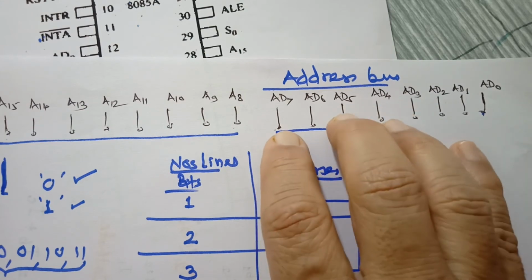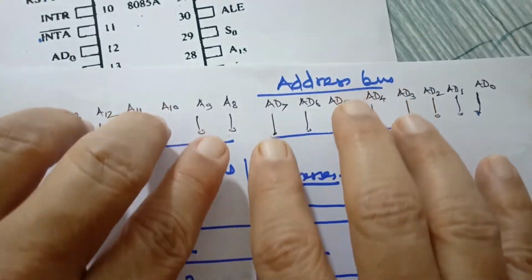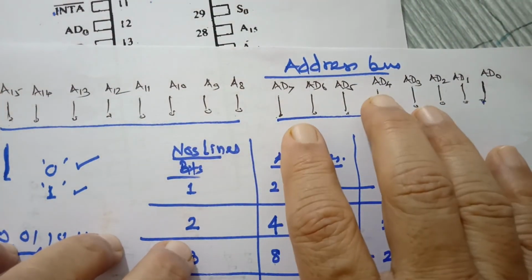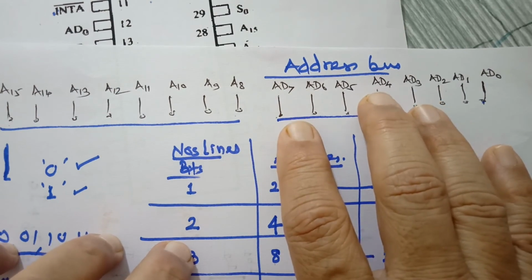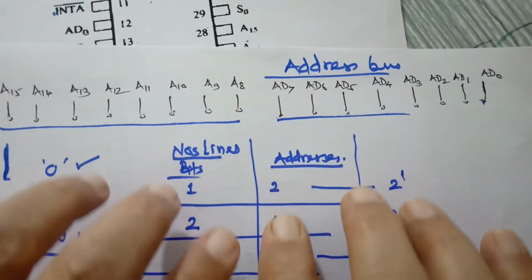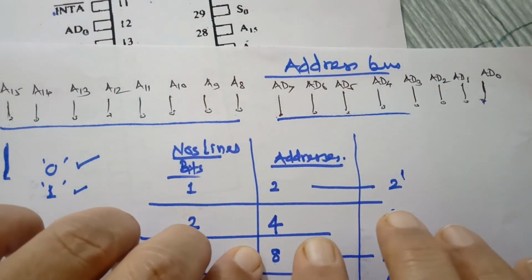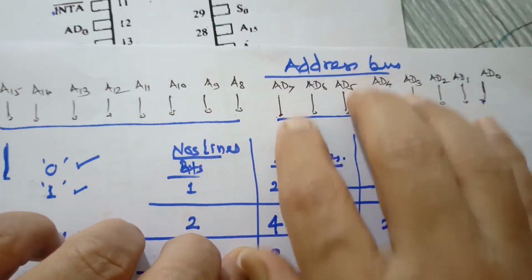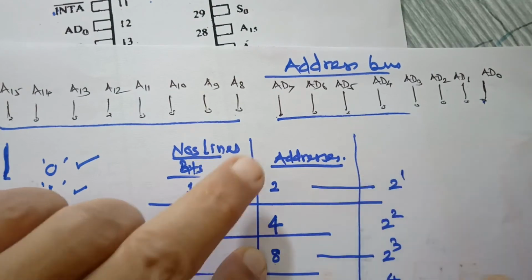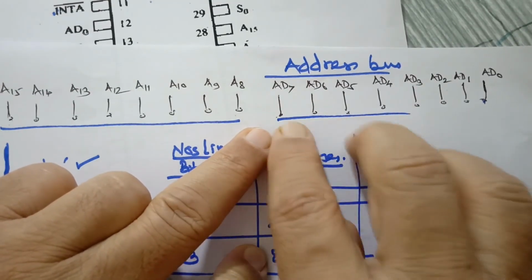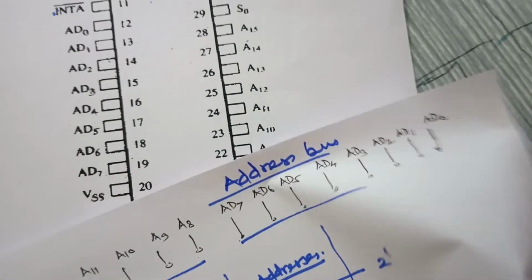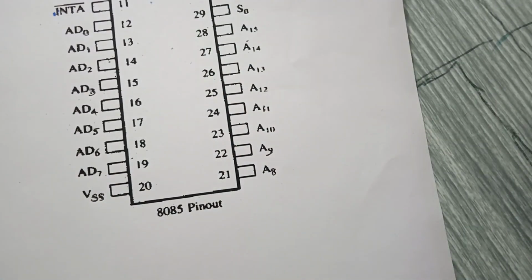That means for half the period it works as part of the 16-bit address bus, and for the later period it works as data bus. So the sequence is like this. Initially the microprocessor sends the complete 16-bit address, then that address is latched, and then these 8 lines are made free for data transmission, and that's why the name is address and data. So this is the multiplexing. This is the function of the address and data lines.